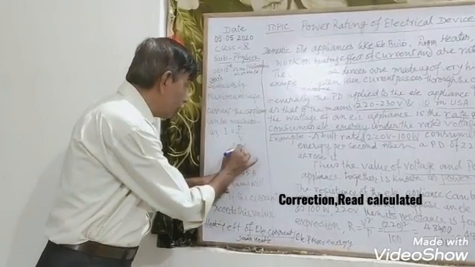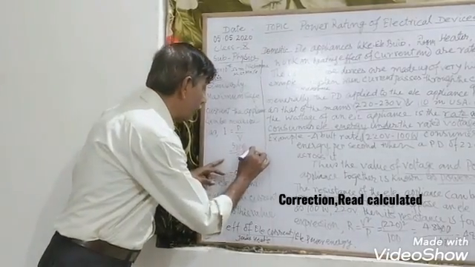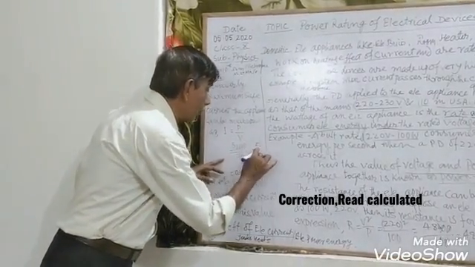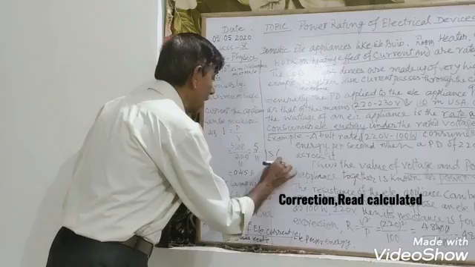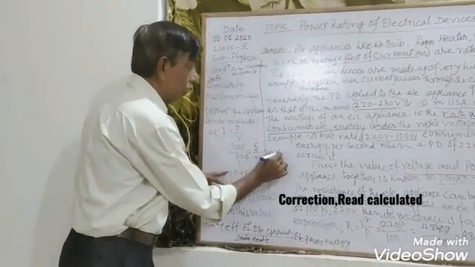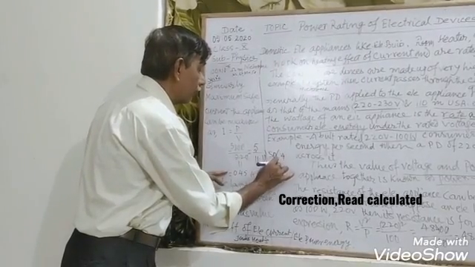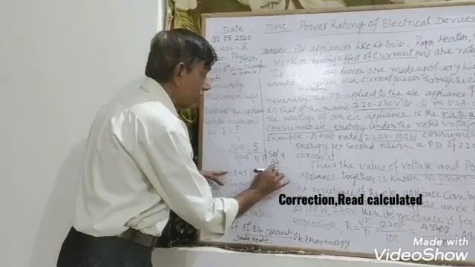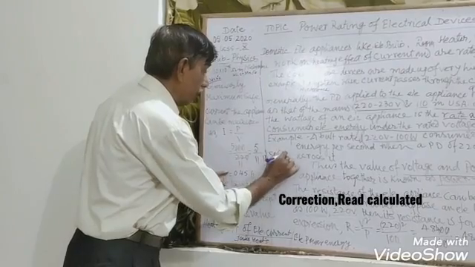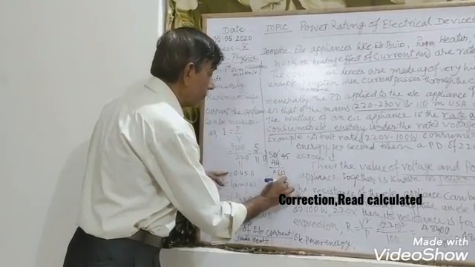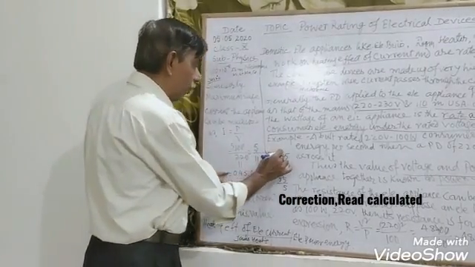Cancelling the zeros, 5 times 11 is 55... we get 5 by 11. Dividing 5 by 11, we get 0.45.